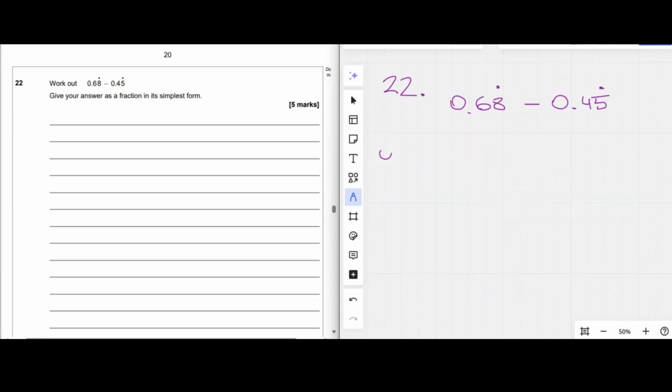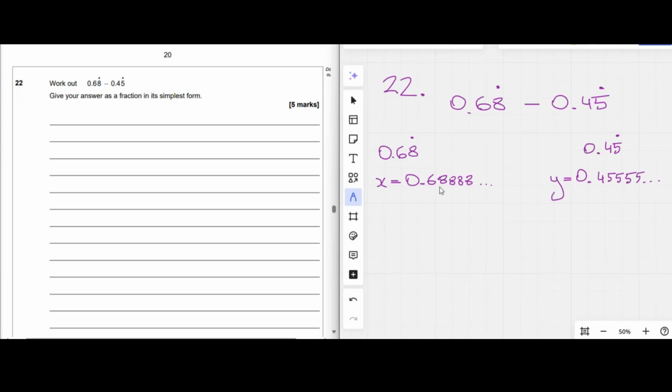We need to change both to fractions. And to do that, we are saying that x is our number 0.68888, and y will be that other number 0.45555.